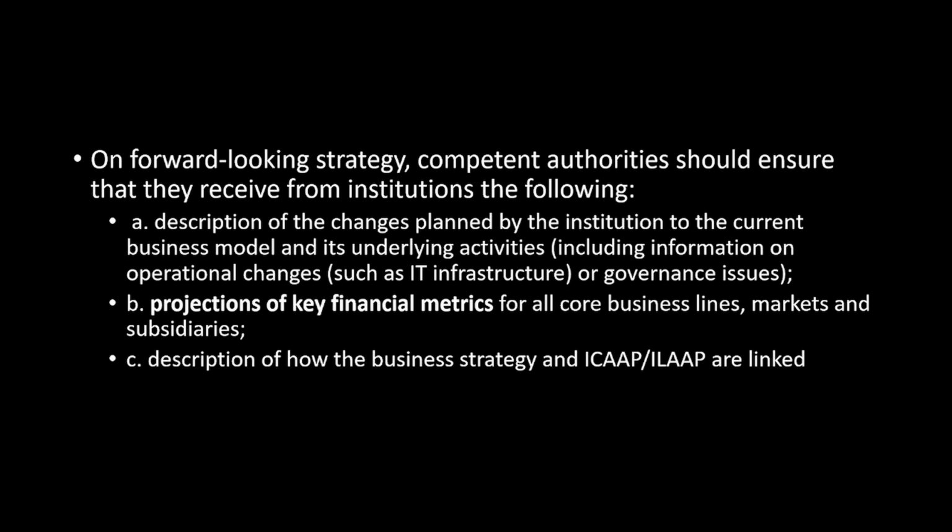On forward-looking strategy, the competent authority, which is the regulator, should ensure that they receive from the institution the current business model and the underlying activities, and how they see that changing in the future, and projection of key financial metrics of all core business lines and markets and subsidiaries, and a description of how the business strategy is linked to this exercise, the ILAP and ICAP exercise.